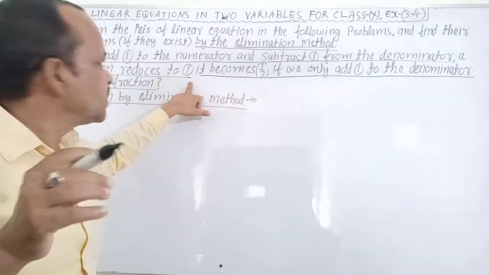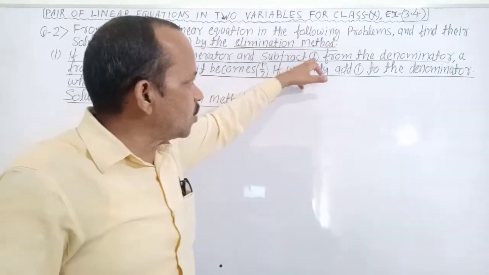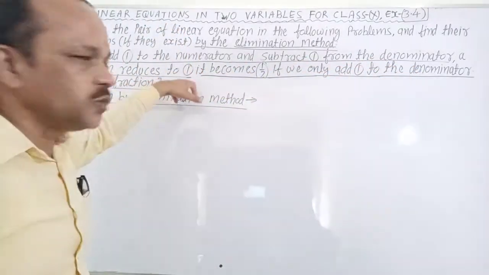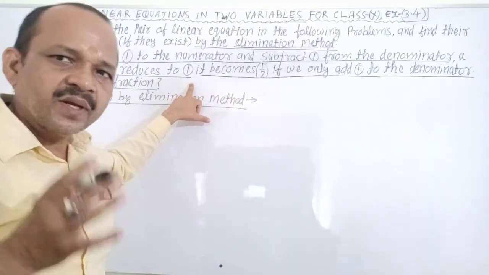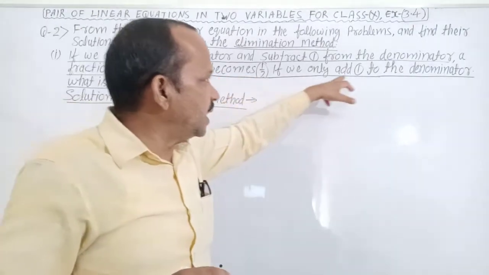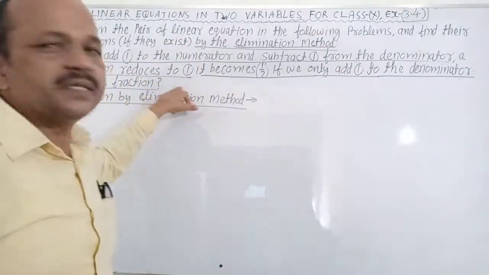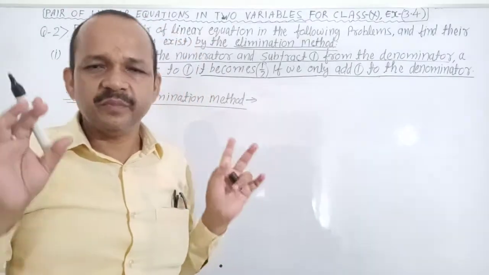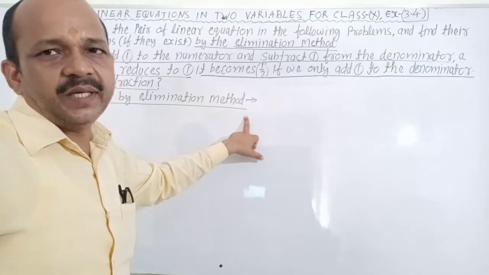Next situation: it becomes 1 by 2 if we only add 1 to the denominator. What is the fraction? It is clear, no confusion about it. Very good. See the solution by elimination method.